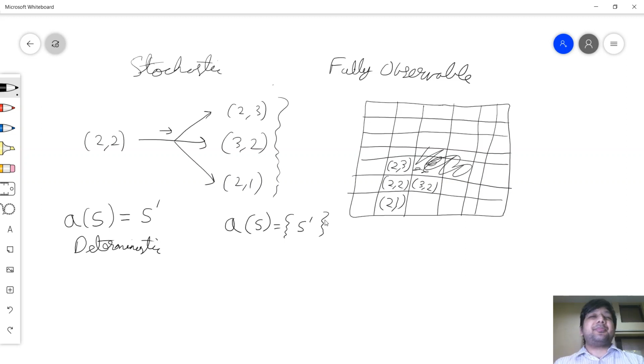Now, we've seen this before in a topic called adversarial search or game tree. In an adversarial search or game tree, we can model for both stochasticity as well as taking actions by a one player game called max with chance nodes.